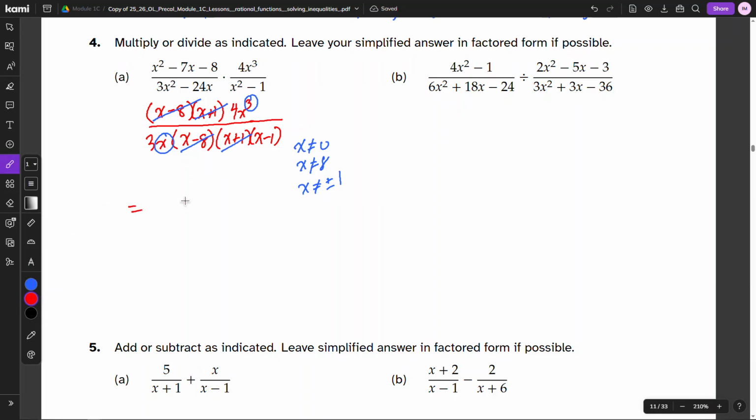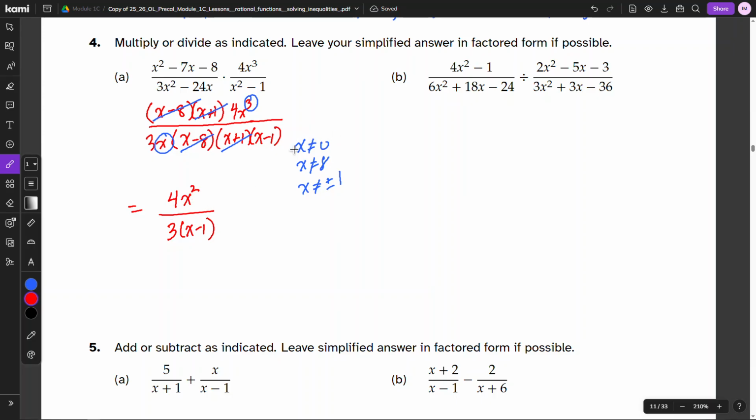So the simplified form is going to be 4x squared in the numerator because the 4 is left and I'm only going to be reducing one of the x's in the numerator. And so I have 4x squared, and then the denominator has a 3 times x minus 1. So this multiplication, when I do it, will simplify to be 4x squared over 3 times x minus 1.